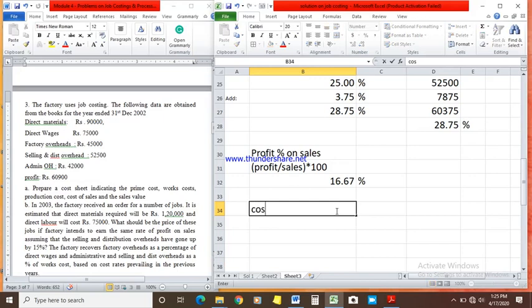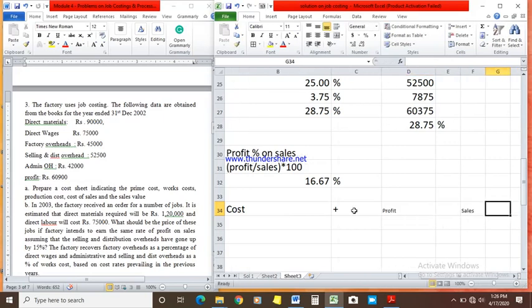If 16.67% is the profit on sales, then how much is the profit on cost? So I'll just write here, cost plus profit will give us sales. Accordingly, if the sales value is 100, cost plus profit should give us sales.